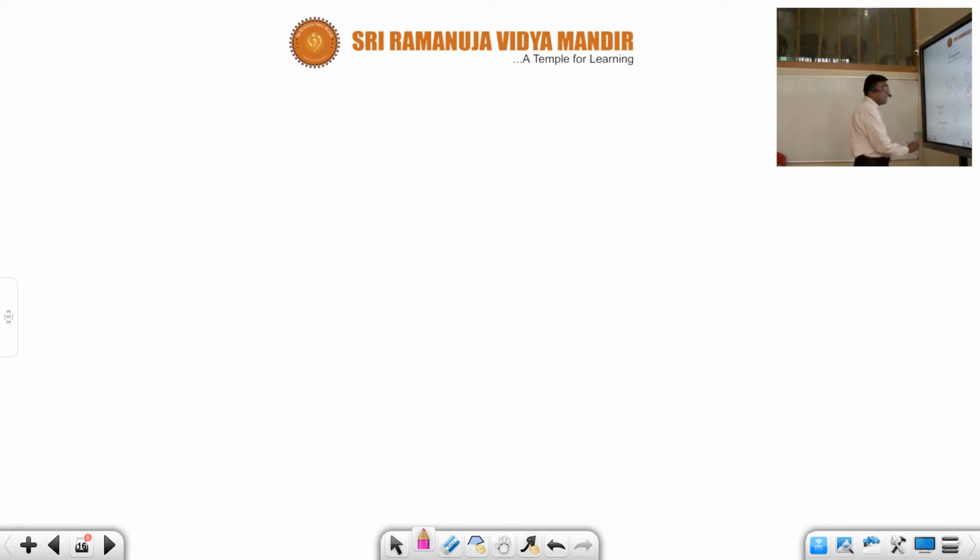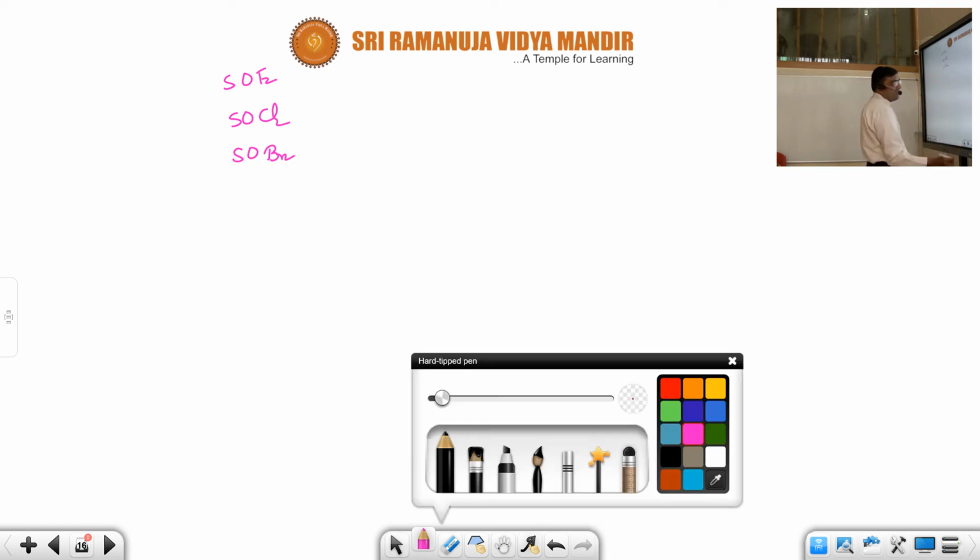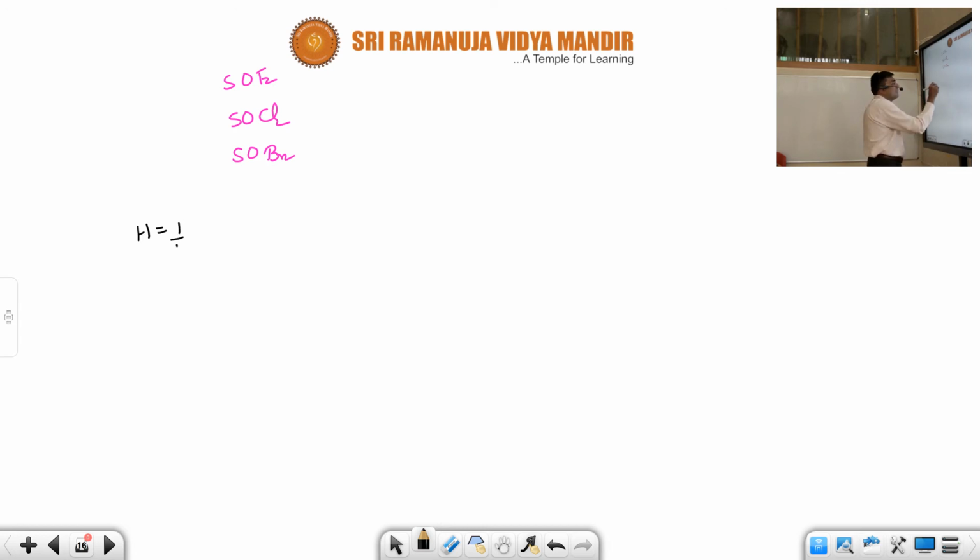Now let us take one more thing: SOCl2, SOF2, SOBr2. Let us compare the bond angles. First of all, let us know what the structure is. H is equal to half into V plus M minus C plus A. So half into valence, sulfur is 6, number of monovalent atoms is 2.